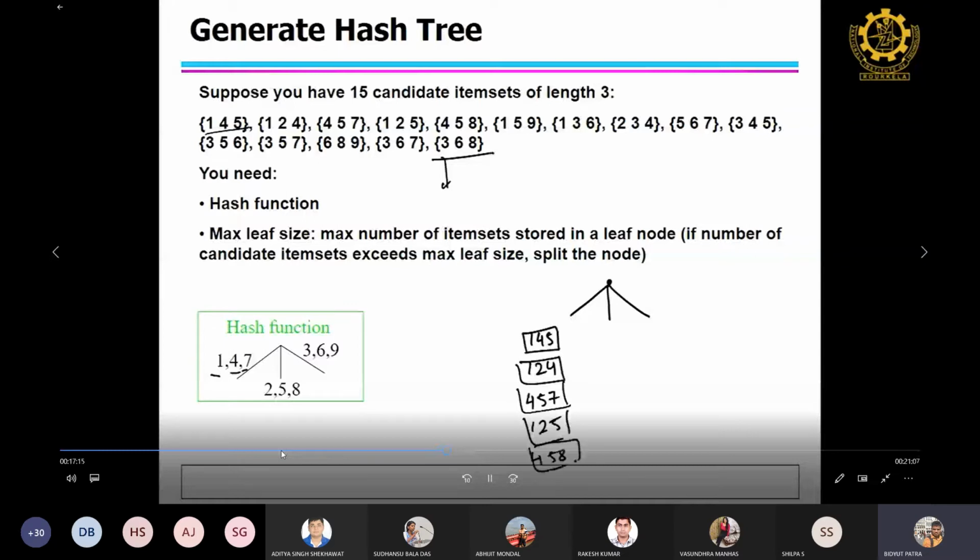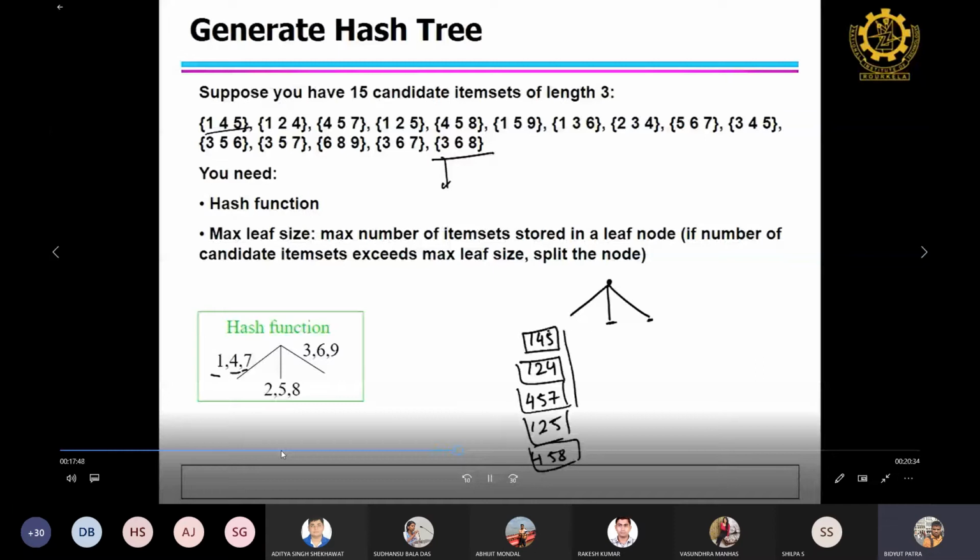But the problem here is that each leaf node can contain a maximum number of item sets. Here we fixed it at 3, but we see it is actually more than 3. So what do we have to do? These nodes should be split. Initially these were the terminal nodes, as you started putting the candidate item sets into the hash tree.